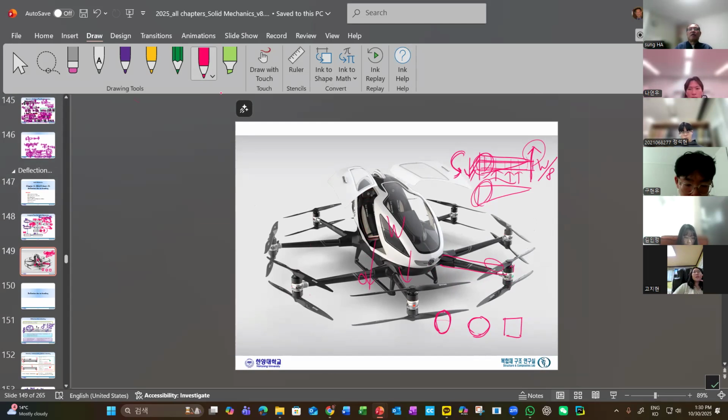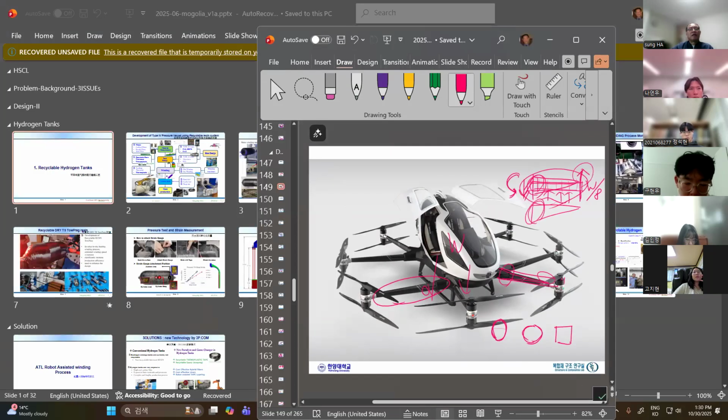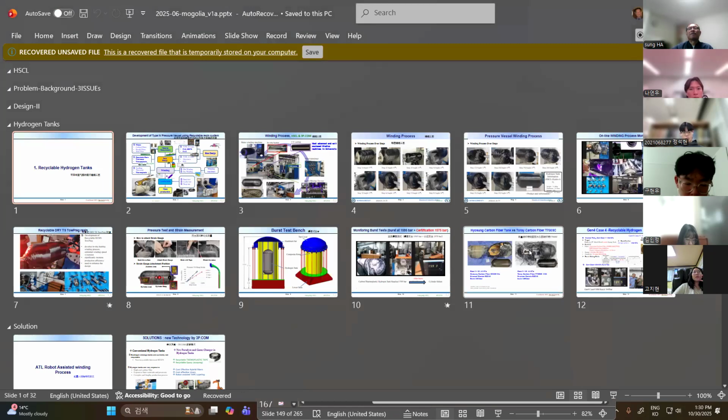Here we don't need as much cross section compared to there. So we always need to optimize these structures. That's why it gradually decreases. To understand this, we should be able to solve this beam problem. And by the way, this structure is not always, but better to be made of carbon fiber composites.